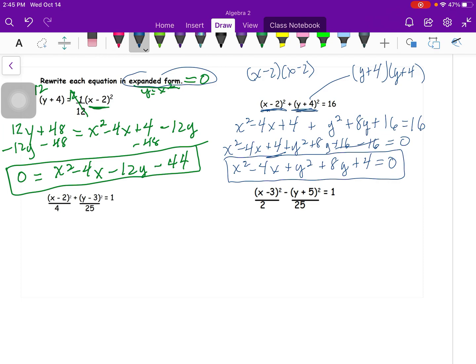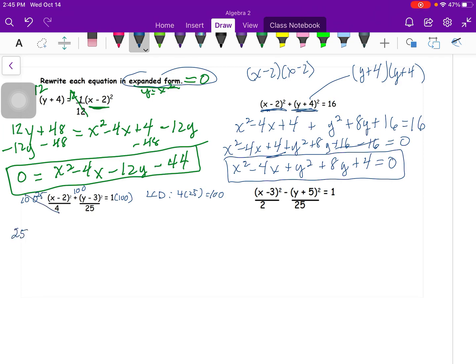All right, this ellipse, I'm going to have to find the LCD. So the LCD between 4 and 25 is 100. So I'm going to have to multiply each fraction by 100. So this one reduces to a 25.